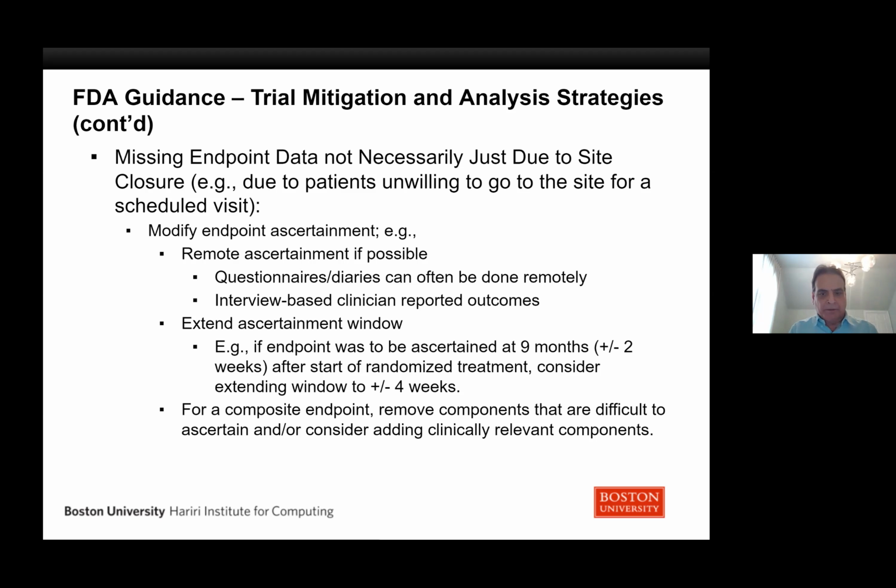If the endpoint was to be ascertained 9 months after start of randomized treatment, plus or minus 2 weeks, consider extending the window for data collection to plus or minus 4 weeks. Okay. For a composite endpoint, remove components difficult to ascertain and consider adding more clinically relevant endpoints that might be easier to ascertain.